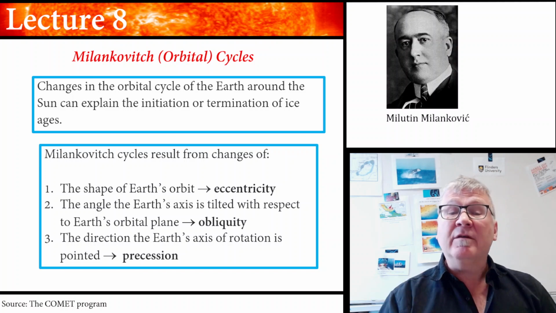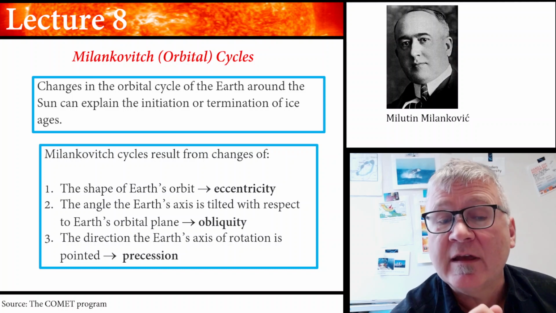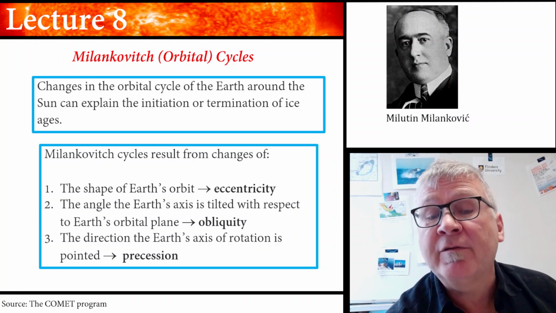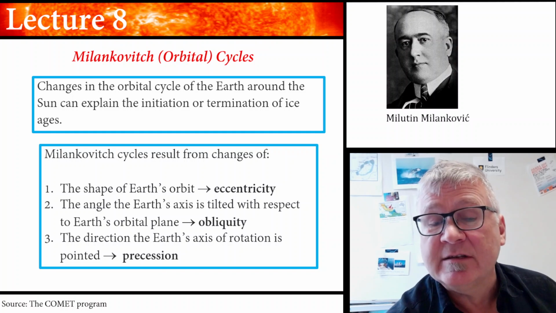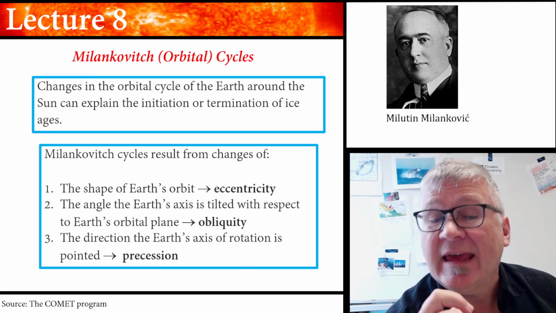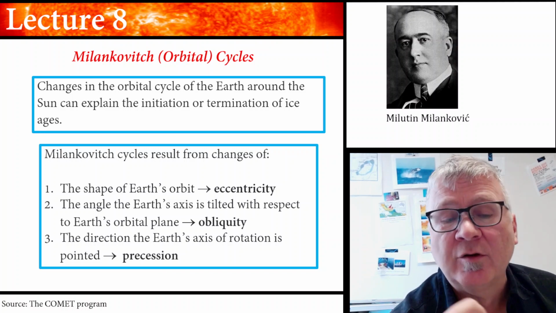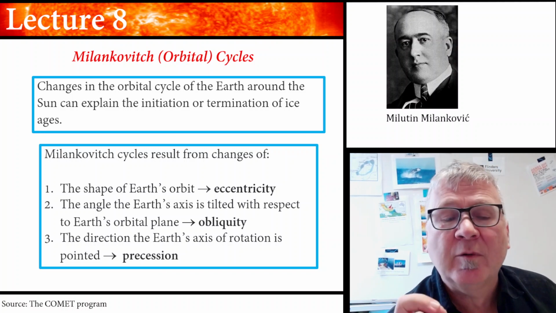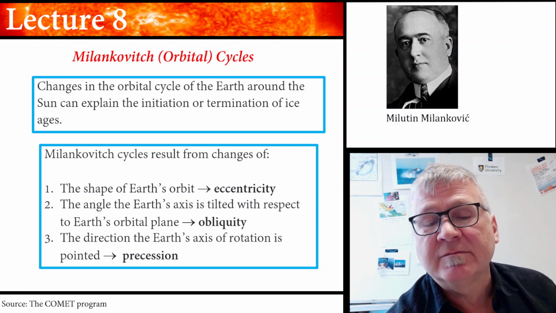Milankovitch cycles result from changes of three different things. The shape of the Earth's orbit, we call this eccentricity. The angle the Earth's axis is tilted with respect to the Earth's orbital plane, we call that obliquity. And the direction of the Earth's axis of rotation.